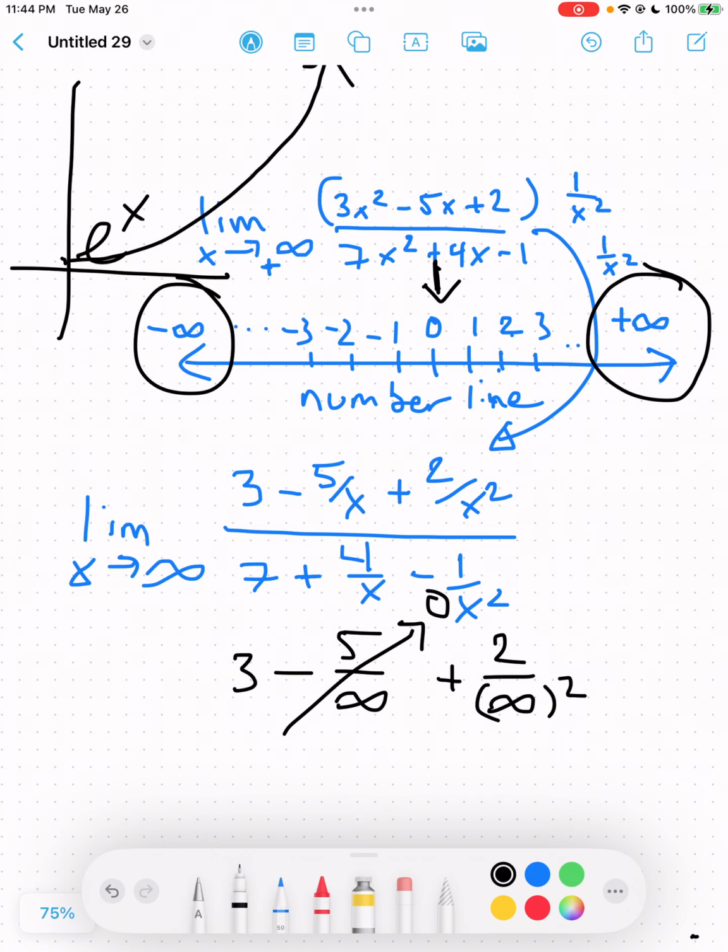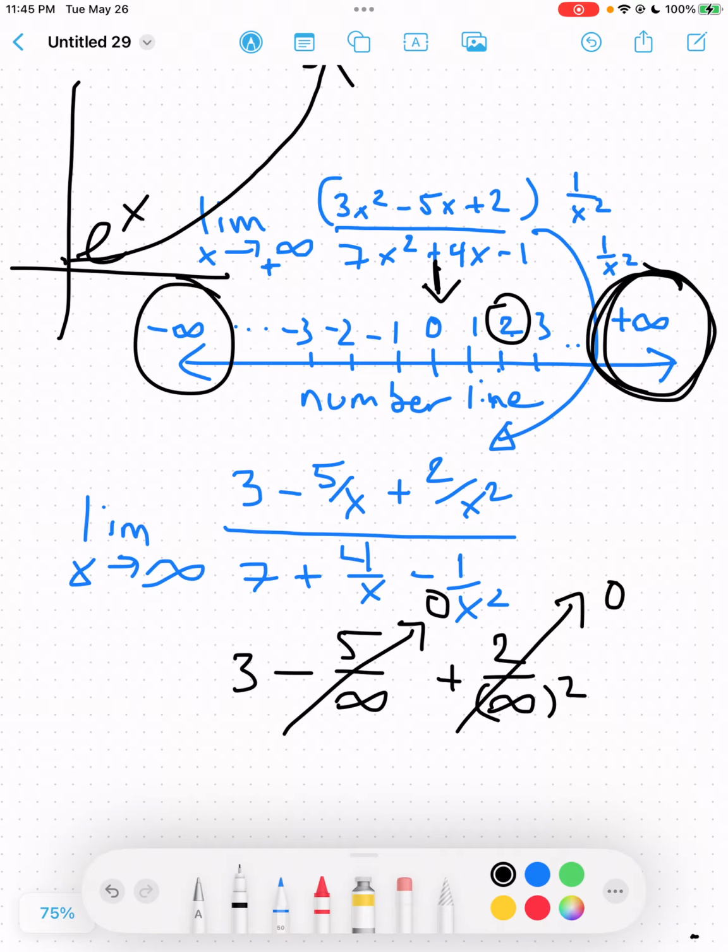Infinity squared would be infinity. 2 over a very large number. 2 is a relatively small number on the number line, and 2 over infinity would also be close to 0. That would go to 0.